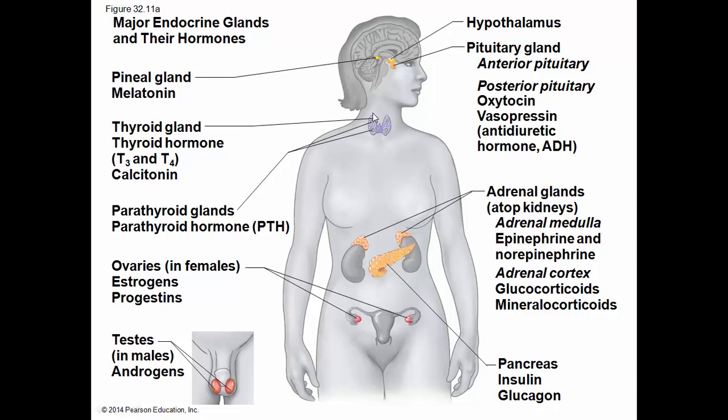Then there are the parathyroid and the thyroid hormones. These release compounds that are related to the condition of the thyroid. Okay, so they all have these different functions, but most of them are affected by the pituitary gland and the hypothalamus.